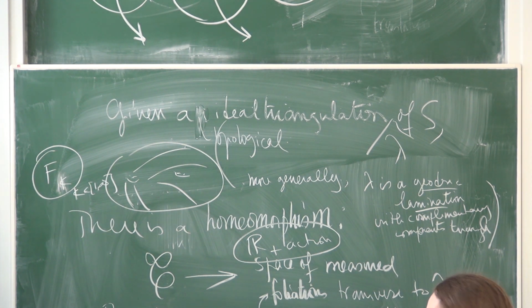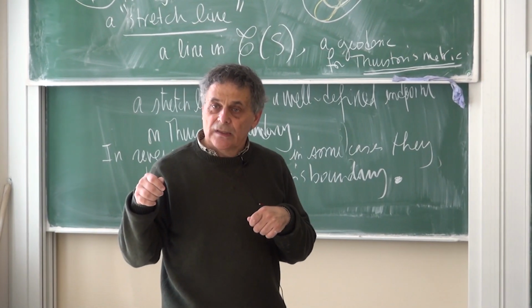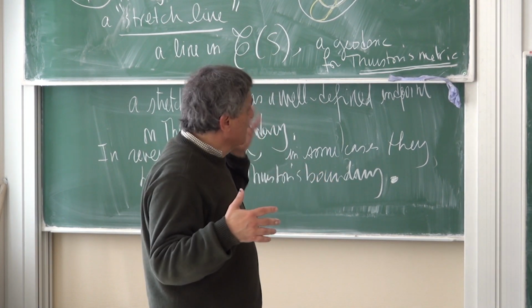The same questions appear in the classical Teichmüller theory, where instead of limits of stretch lines, people study limits of Teichmüller geodesics. With respect to the Thurston boundary, there have been many results on this over the years.